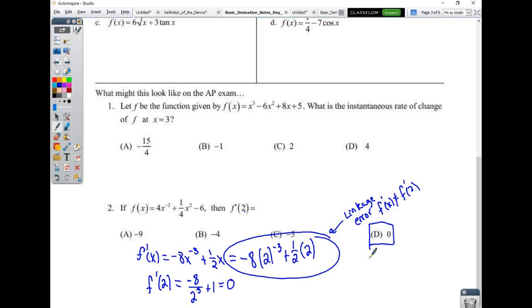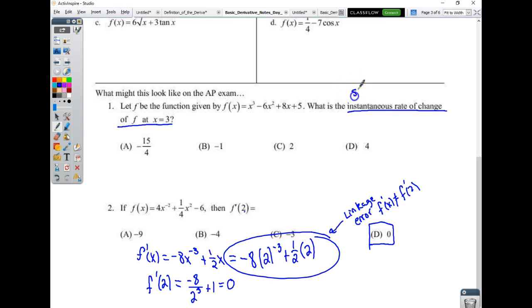The instantaneous rate of change. What is the instantaneous rate of change of f at x equals 3? What the heck are we talking about? Instantaneous rate of change of f at x equals 3. It is a rate of change at a specific point. Because it's a specific point, we're talking about what type of line? Tangent line. We're talking about a rate of change, which means it is slope.